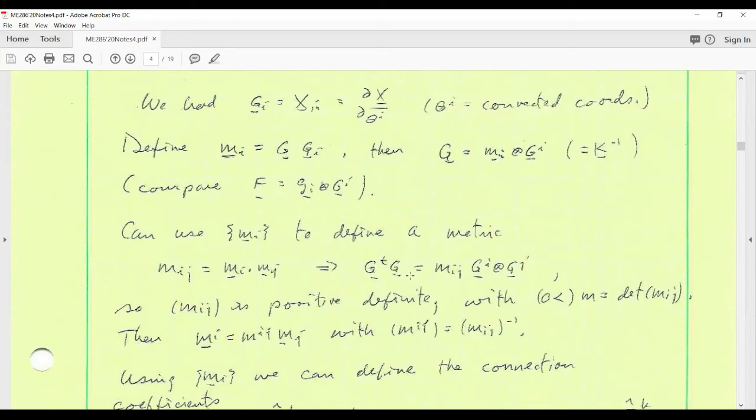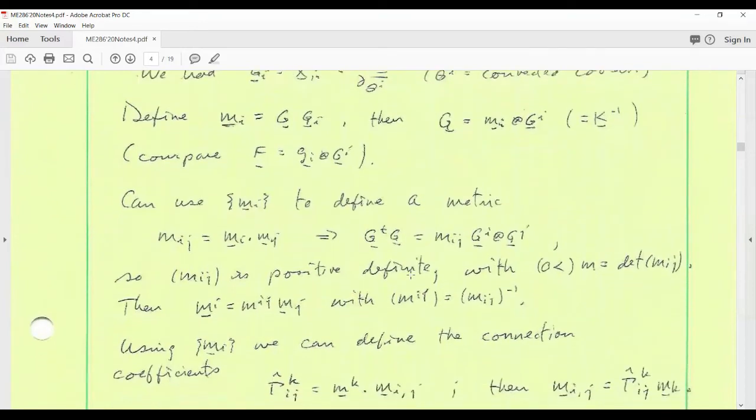G transpose G. We saw before that the actual right Cauchy-Green deformation, F transpose F, had covariant components g sub ij. In the same way, G transpose G with this representation will give you m sub ij instead of g sub ij. So we can interpret, as we did before, this induced metric associated with this intermediate configuration. So these are vectors now in the intermediate configuration, right? We can associate that metric as the covariant components of G transpose G.